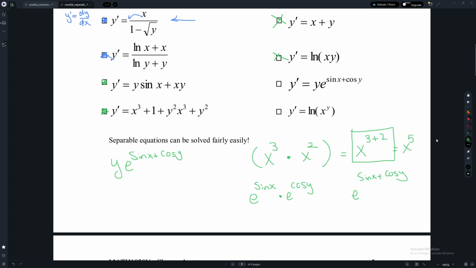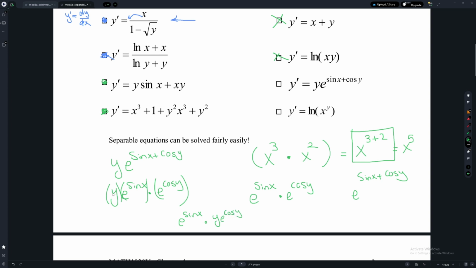That's an identity. Basic. I'm pretty sure if I gave you this, you would understand it. But if I give you this, you'd be like, what am I supposed to do? Let me look at the identity, and it's actually the same thing. So here you have y e to the sine x times e to the cos y. Since this is multiplied by this, which is multiplied by this, you can technically separate these and rewrite it into e to the sine x times y e to the cos y.